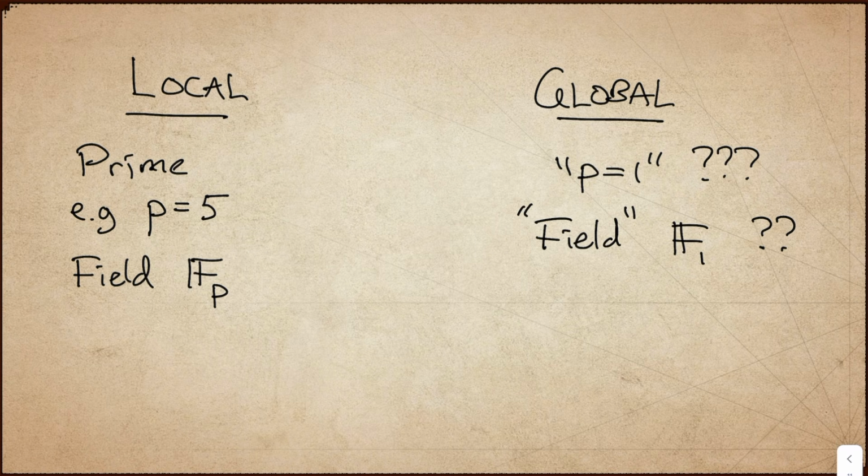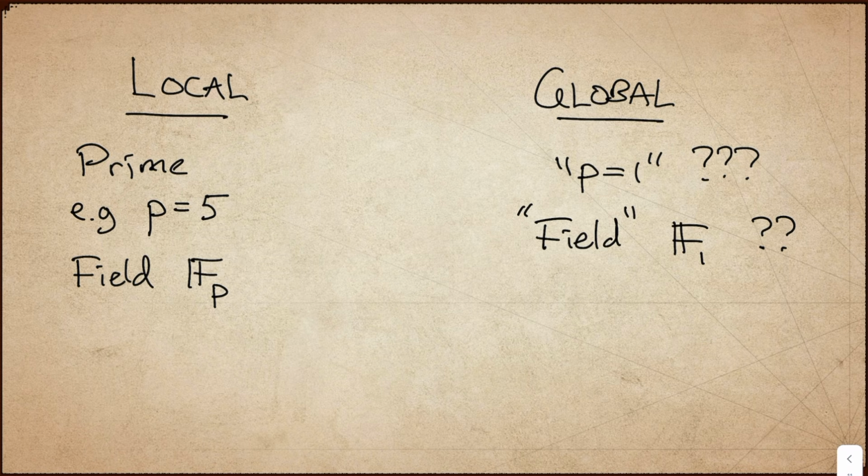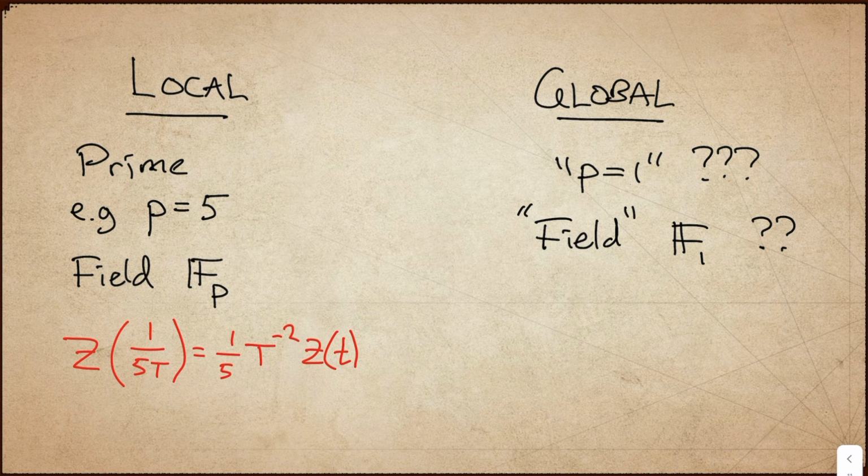Let's take one example where this happens. In the local case, there is a functional equation. For our specific curve, it was Z of 1 over 5t equals 1/5 times t to the minus 2 times Z of t.